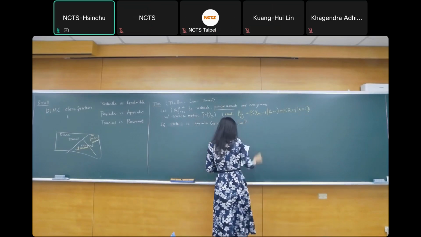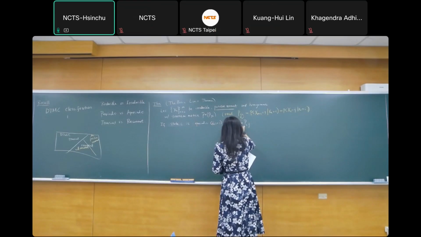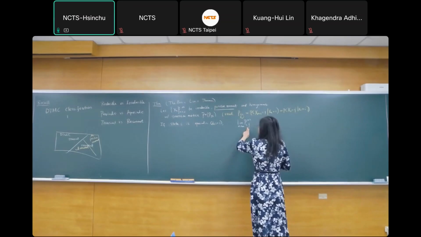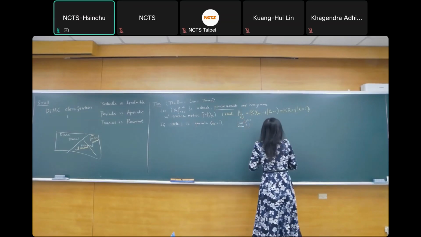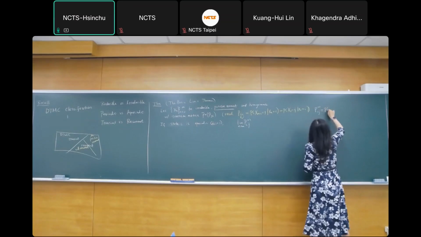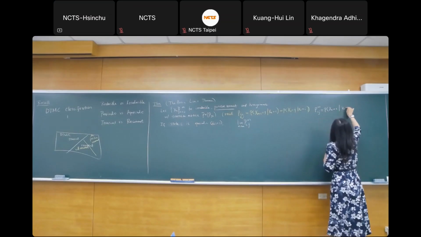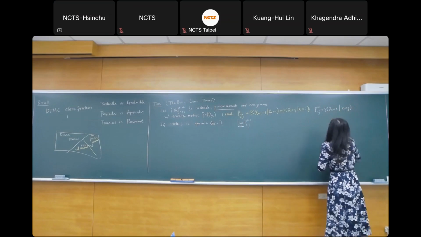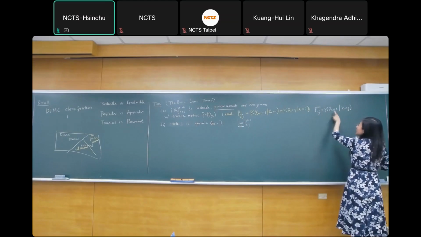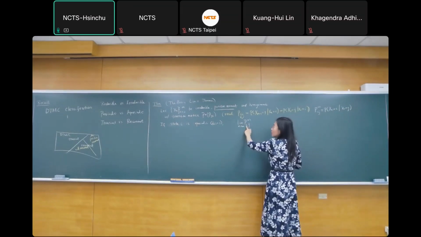The probability that you start from any point and go to i in n steps, as n goes to infinity, is different from what we had before. What does this mean? No matter where I start, eventually I go to state i.